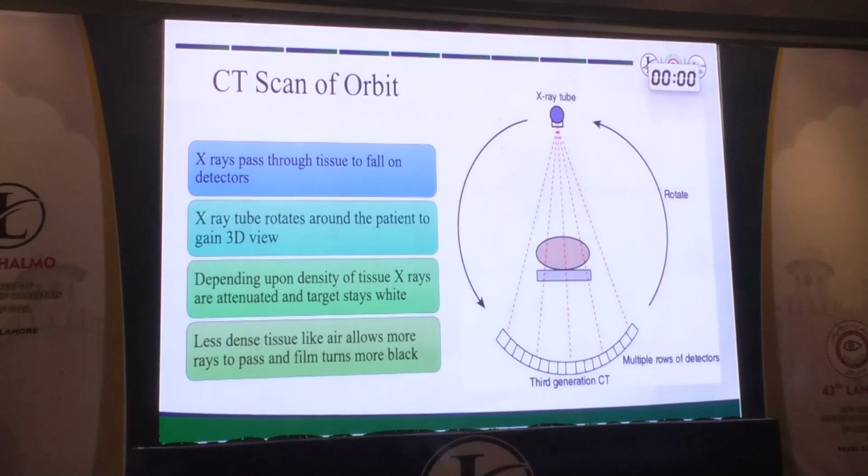Depending upon the density of the tissue, X-rays are attenuated and dense targets stay white. That is why the lesion appears white, because the rays are attenuated. Less dense tissue like air allows more rays to pass and the film turns more black. So that is why the vitreous cavity on CT scan appears black.